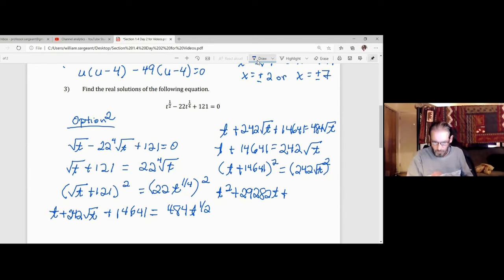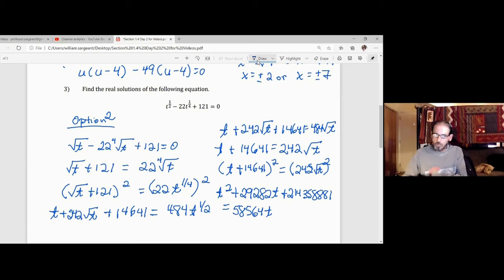And now this is getting incredibly large. 214,358,881. And that's going to equal, on the right-hand side, we'll have to multiply 242 by itself, and that's going to give us 58,564 times t. Because when we square, we can square individual factors, and that will cancel out the square root.